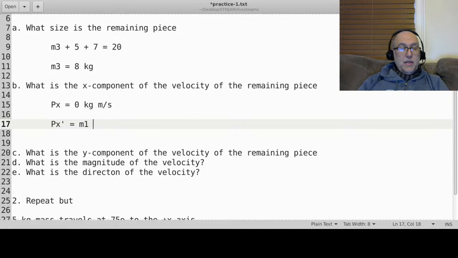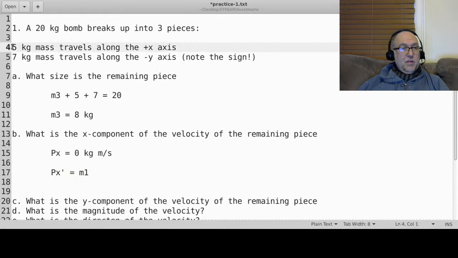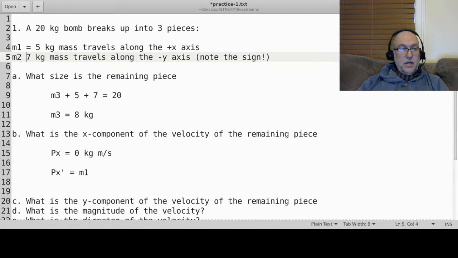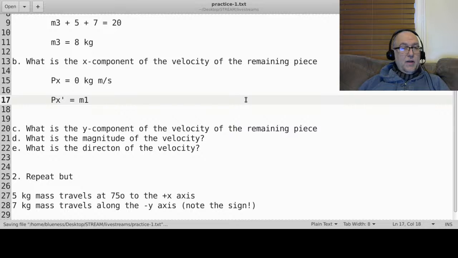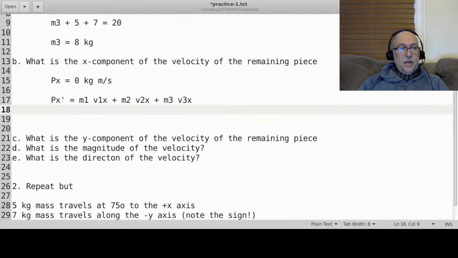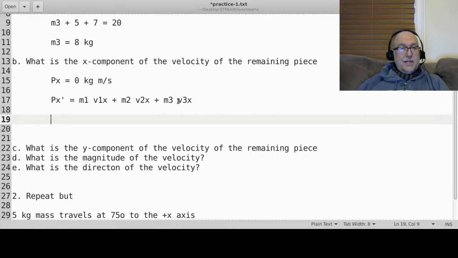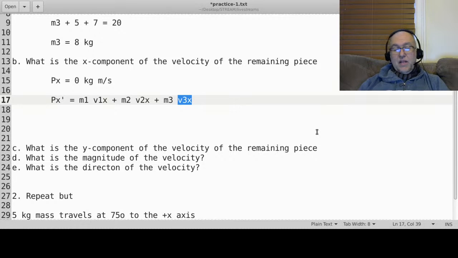Well, it's going to be m1, which could be our 5 kilogram. Let me just say here m1 is 5 kilograms, and m2 is 7 kilograms. So it's going to be m1 multiplied by v1, but only the x component, plus m2 v2, only the x component, plus m3 v3, only the x component, and this is what we're looking for, v3x.